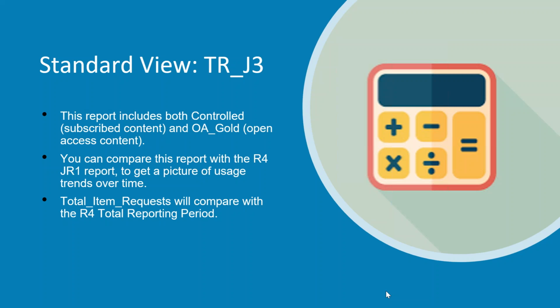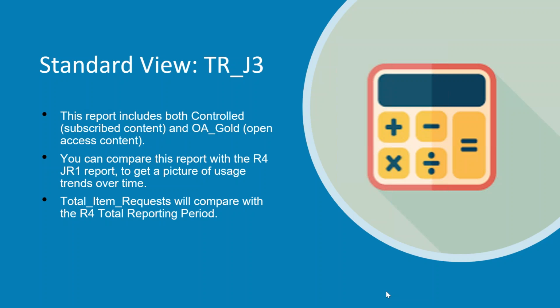One of the useful things about the TRJ3 is that you can compare this report with the release 4 JR1 report to get a picture of usage trends over time. Because you'll remember that Paula said that when you're doing that trend comparison over time, you need to compare like with like. And you may well remember the JR1 report included Gold Open Access.